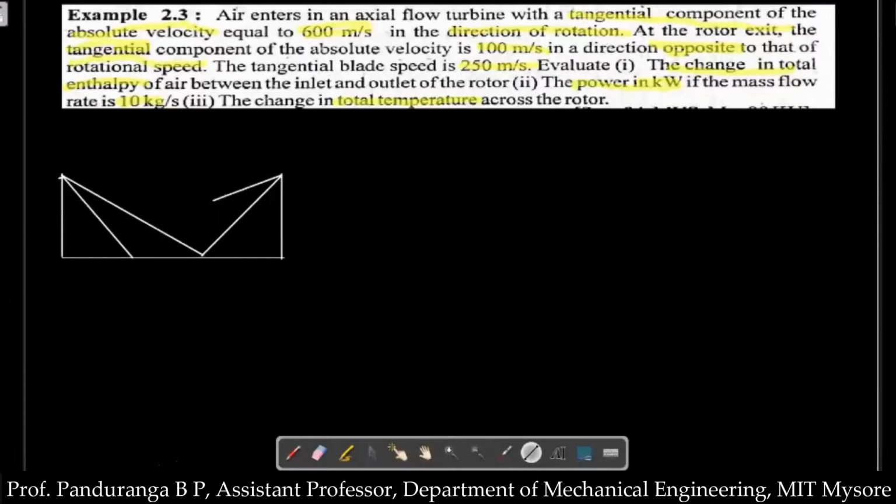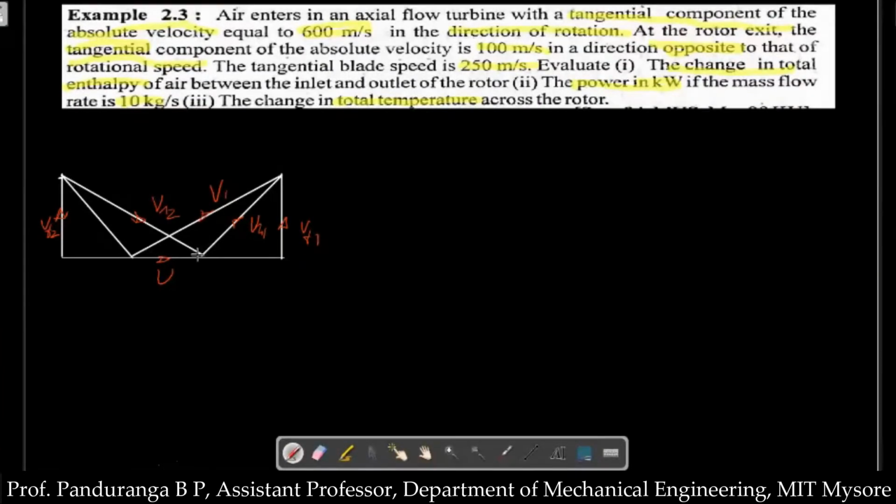I'm drawing that here again, and I'll name the parts. This is our V1, this is our VR1, and this is U. This is the common base for both the inlet and outlet velocity triangles. This is VF1, and this is VF2. This is VR2.